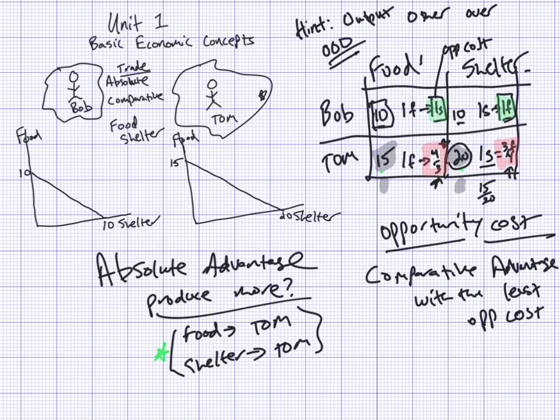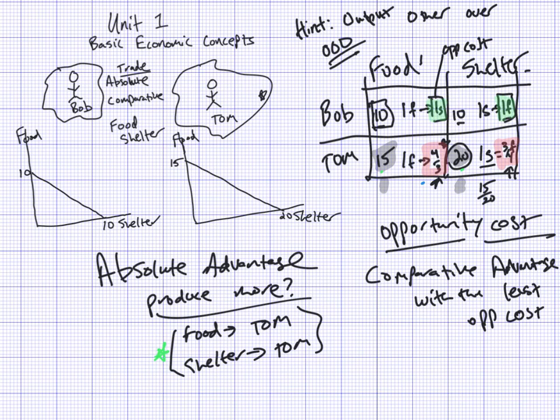So technically he can produce more of both goods, but he can't produce each good at a lower opportunity cost than the other person. Because the better he is at one of the two means the higher the opportunity cost is for him to not do that one.